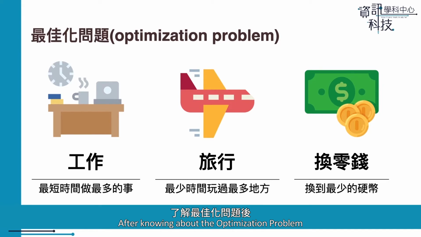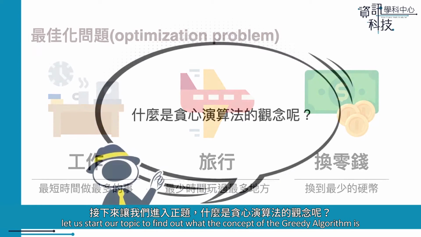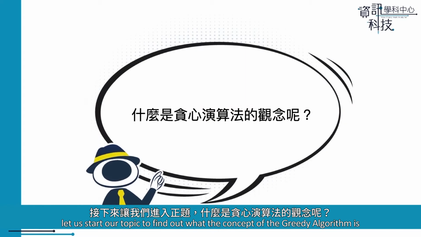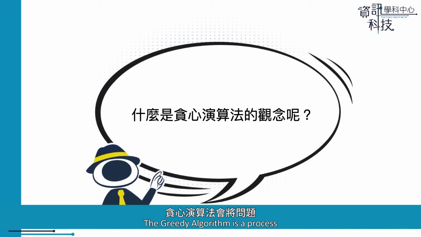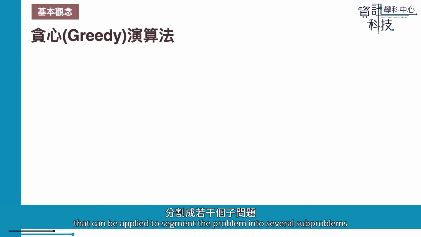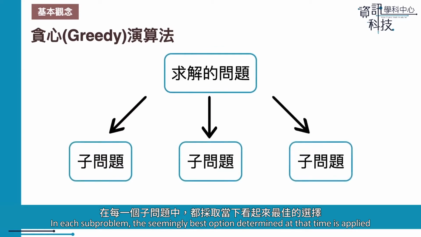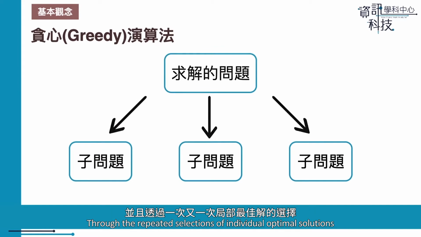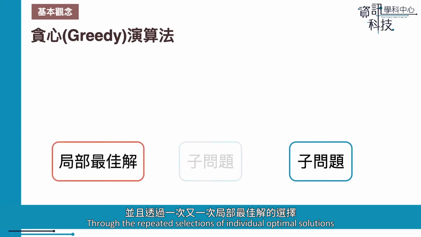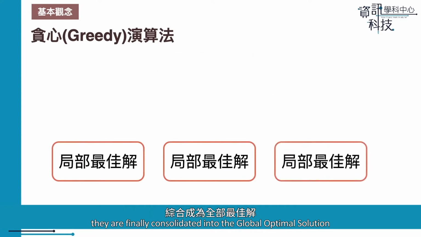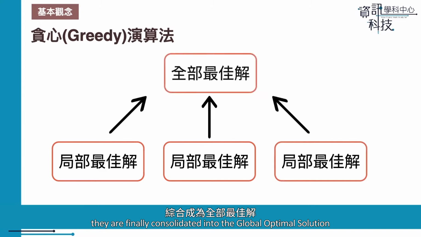After knowing about the optimization problem, let us start our topic to find out what the concept of the greedy algorithm is. The greedy algorithm is a process that segments the problem into several subproblems. In each subproblem, the seemingly best option determined at that time is applied. Through the repeated selection of individual optimal solutions, they are finally consolidated into the global optimal solution.